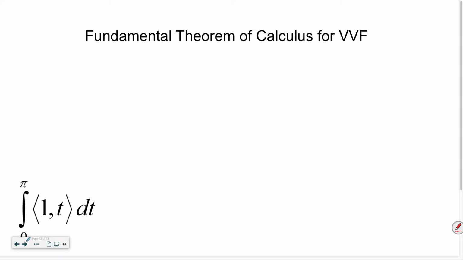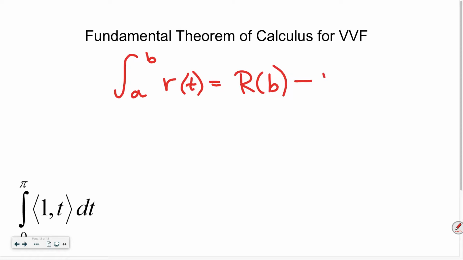Okay, so we have something called the fundamental theorem of calculus. This also works for vector valued functions. If we have the integral from a to b of r of t, we're still going to do antiderivative r of b minus antiderivative r of a.